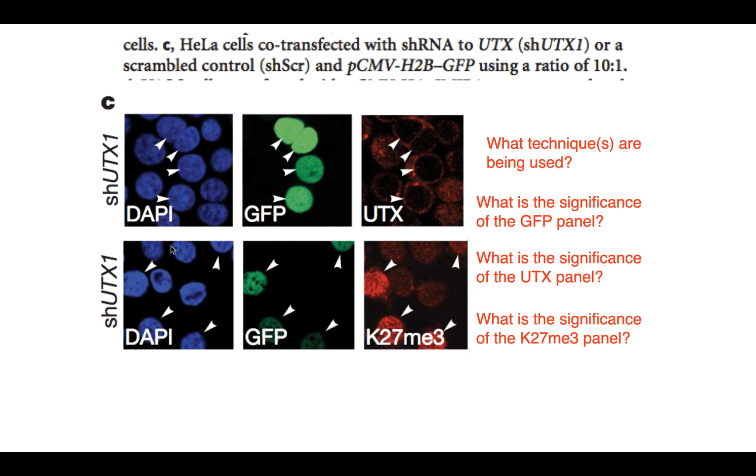So here are all of the cells. The GFP shows us the 1, 2, 3, 4 cells that are making our microRNA and therefore lacking the UTX protein. So let's compare those 1, 2, 3, 4 cells and their amount of the trimethylated K27, and sure enough, yep, there's more trimethylated K27 in these cells than there is in the cells that make UTX protein.